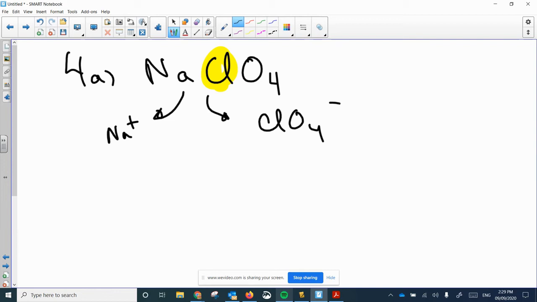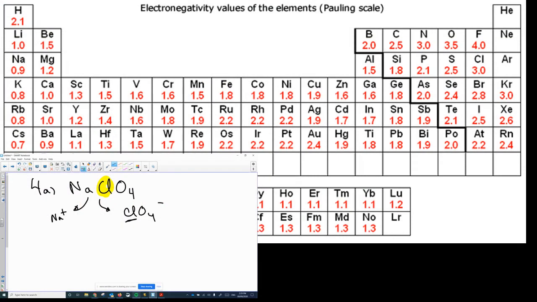If we review our rules of assigning oxidation numbers, the more electronegative element of the two, oxygen and chlorine, takes its preferred negative charge. If we refer to a table of common electronegativities, we find that oxygen is more electronegative than chlorine.